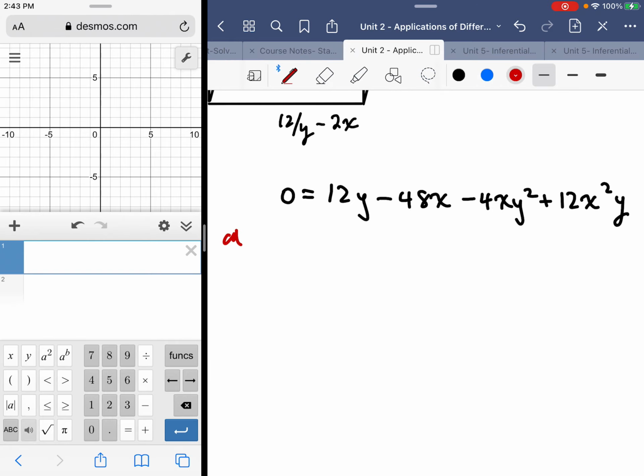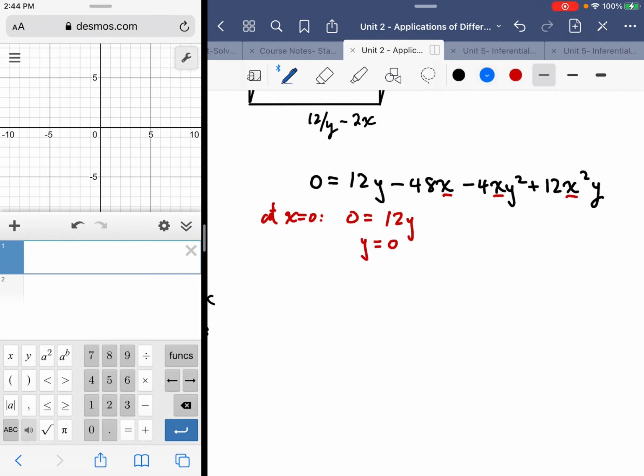At x equals 0, we're looking at 0 equals 12y, and that's about it, right? Because if you replace all your x's with zeros, all these terms will cancel away and you're left with y equals 0. So we'll have one critical value from that. At y equals root 12.